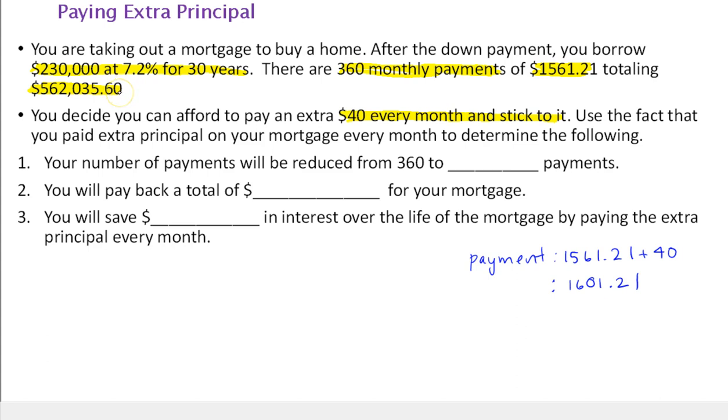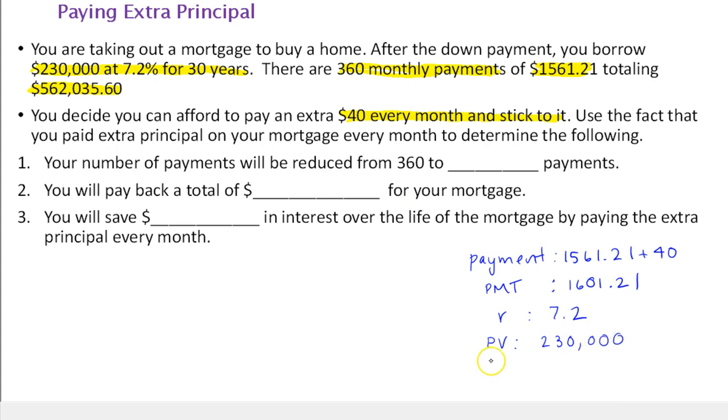in total changes. Okay, so we're going to need to go to the TVM calculator. So we have our payment. Okay, our interest rate is 7.2%. Okay. We have our present value, that's how much we're given at first, is the $230,000.